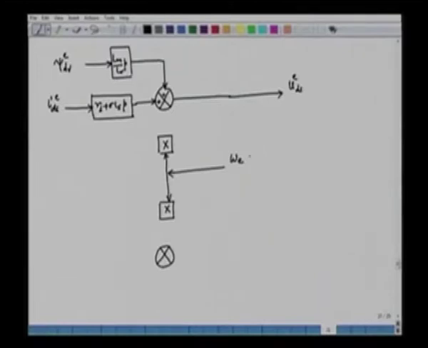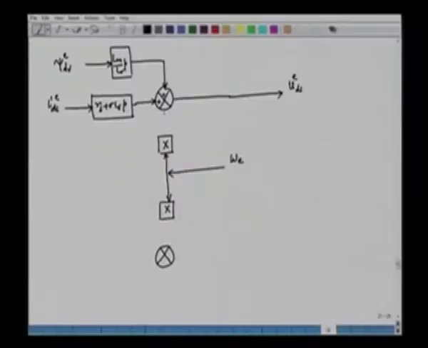Omega e can be measured because omega e is the synchronous speed which can be obtained by adding the rotor speed and the slip speed. Okay. So this is fed here, and we have some gain block here, sigma into Ls, as per the previous equation.